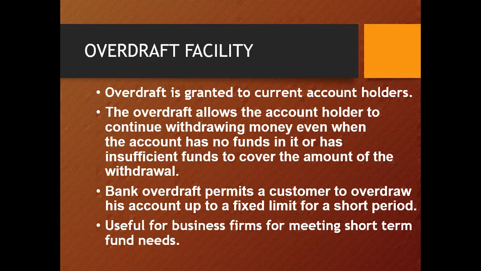It is useful for business firms for meeting short-term fund needs. Whenever there's business, people always need money, it could be for the short term also. To meet those short-term requirements, OD facility is quite helpful.